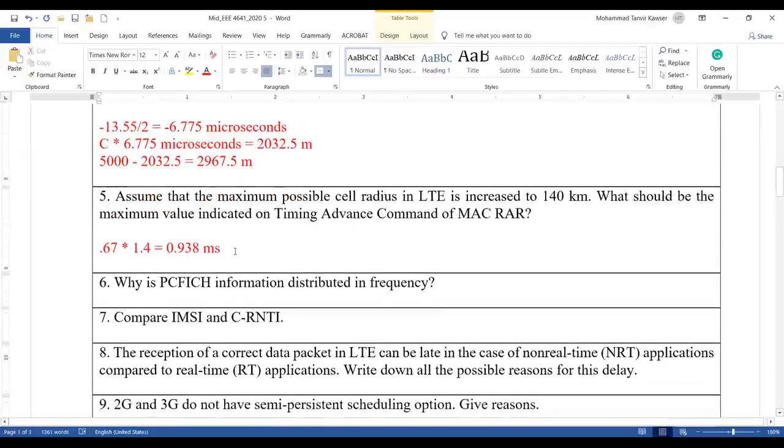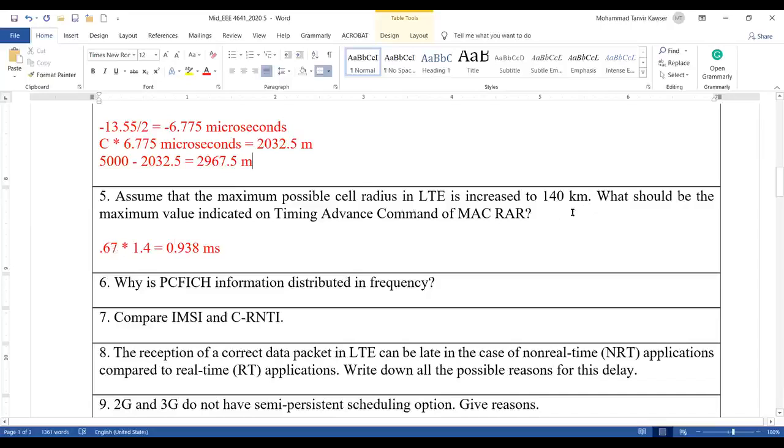The next question is even easier. I gave it just for people who are relatively weaker. If you increase the maximum possible radius to 140, it is 100 kilometers in LTE, and in that case we did a calculation that is 0.67 milliseconds.